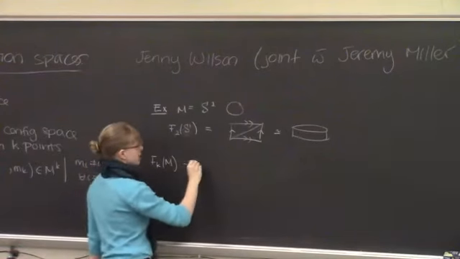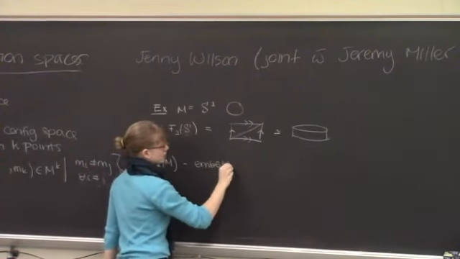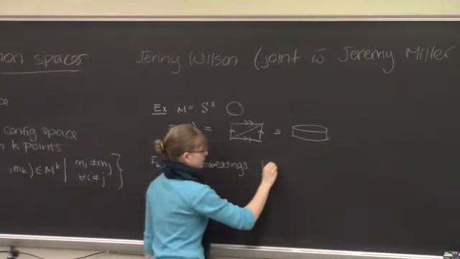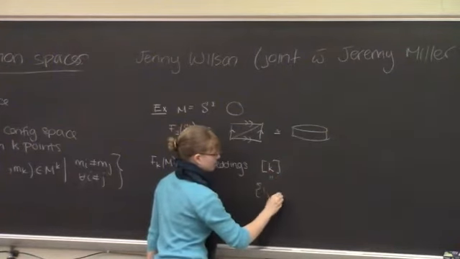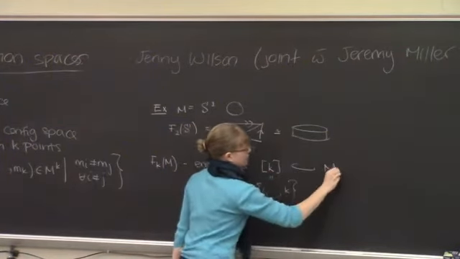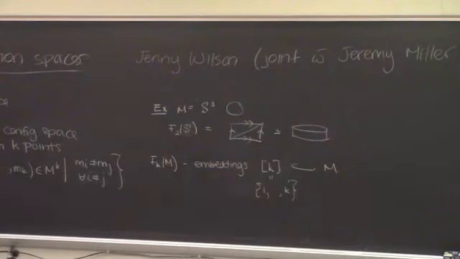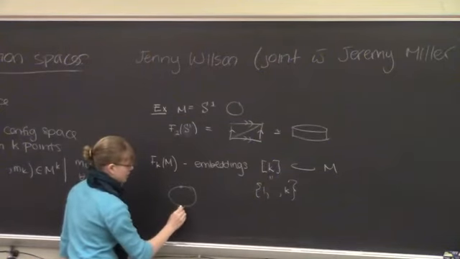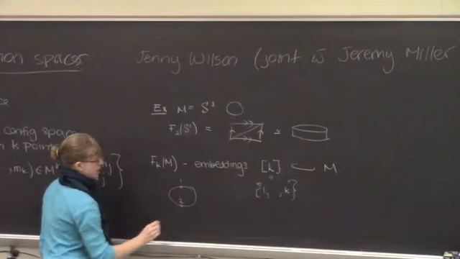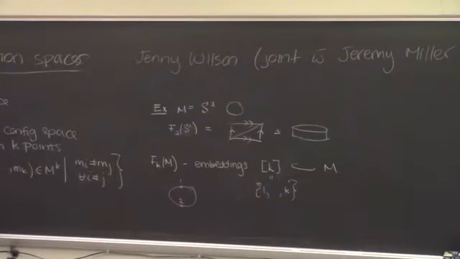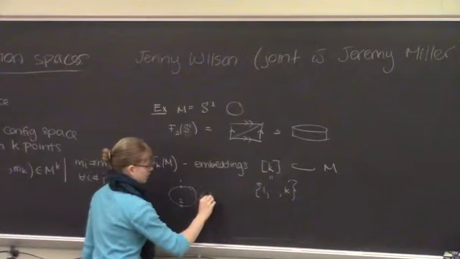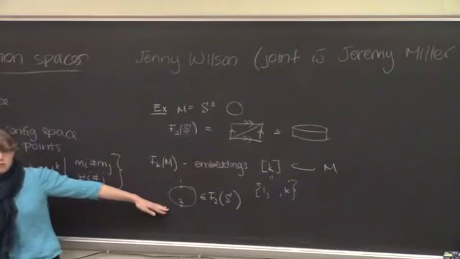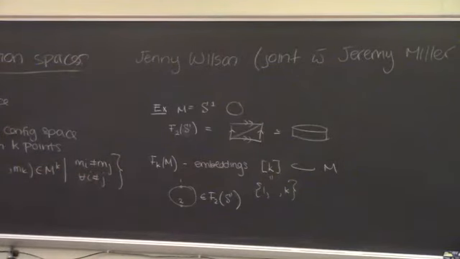So this is the space of embeddings of the discrete set on k points into M. And so from this perspective, I can think of points in my configuration space as being pictures like this one, where I have k distinct points that are labeled with 1 through k.